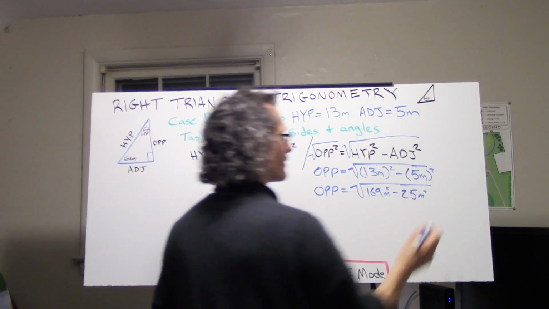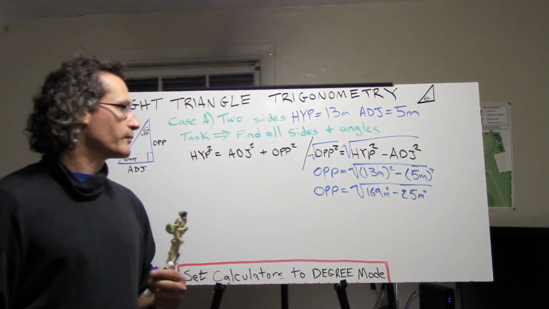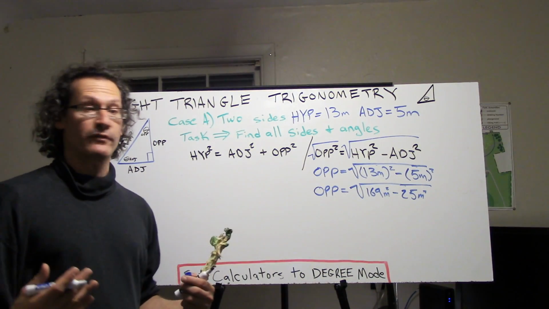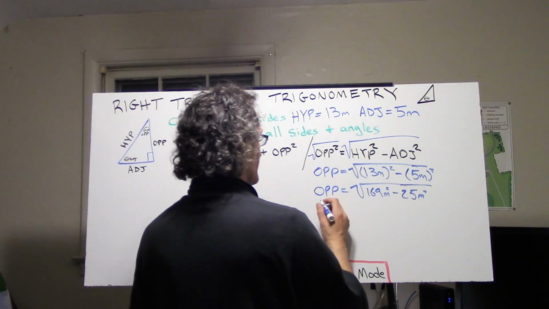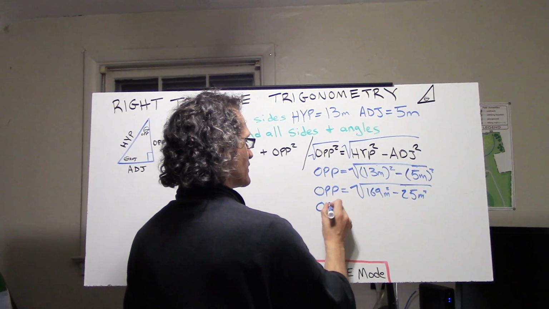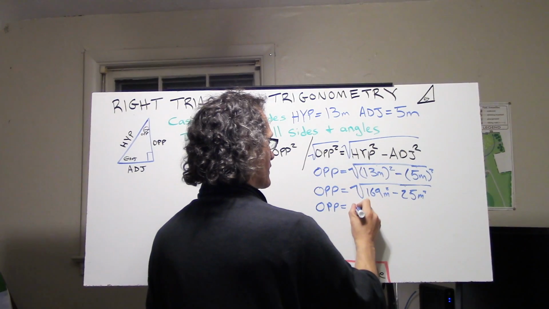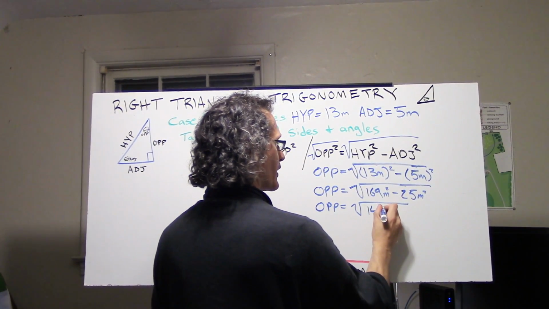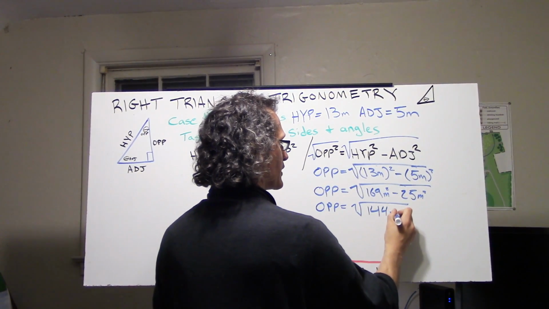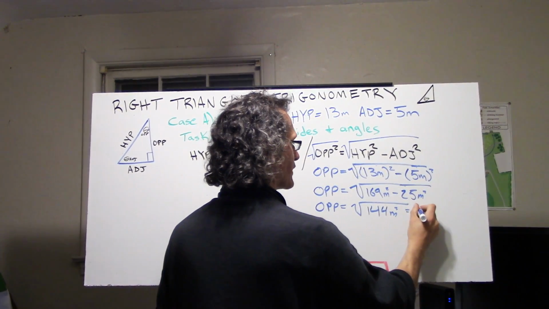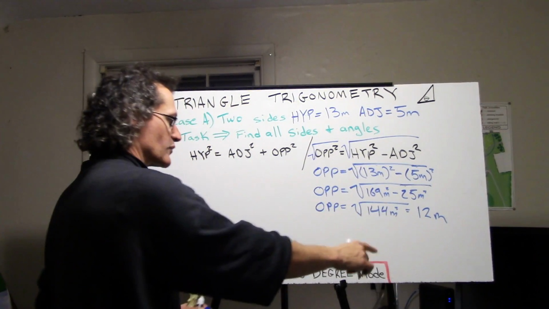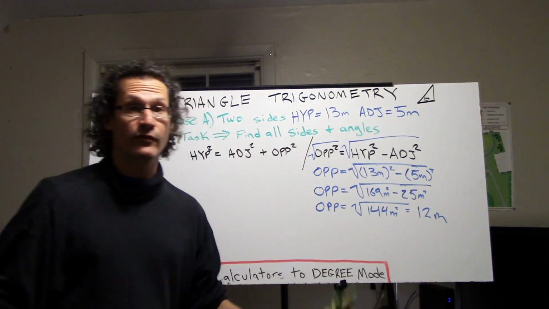Let's extend that across. 169 minus 25 happens to be 144, which is a nice number for us. You'll see why in a moment. So the opposite side is equal to the square root of 144 meters squared, which is 12 meters. Right on. The square root of meter squared is just meters, and the square root of 144 is 12.